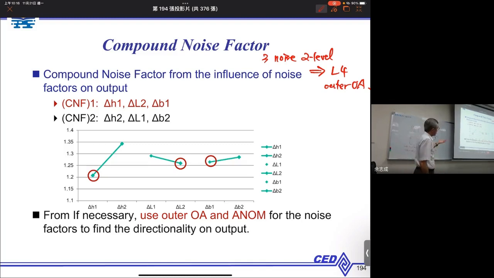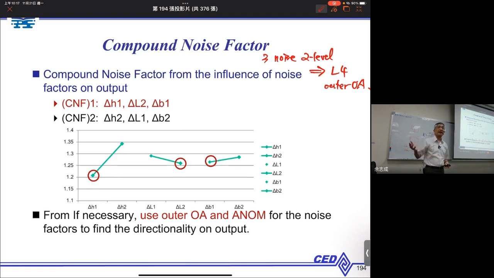Therefore, in this case, we can use 2 combinations to find out the upper bound of the output distribution and also the lower bound of the output distribution. This is how compound noise factors work. How do you know the direction of the noise factors? Well, how do we know the direction of the control factors?